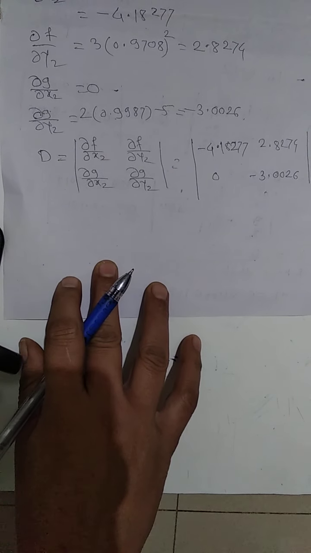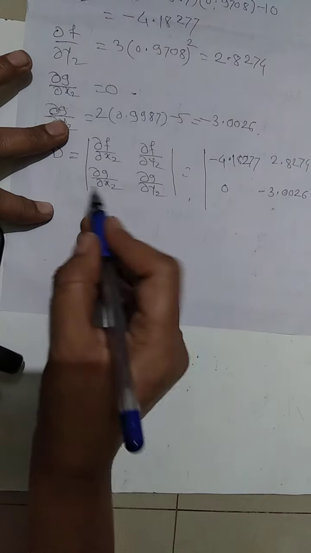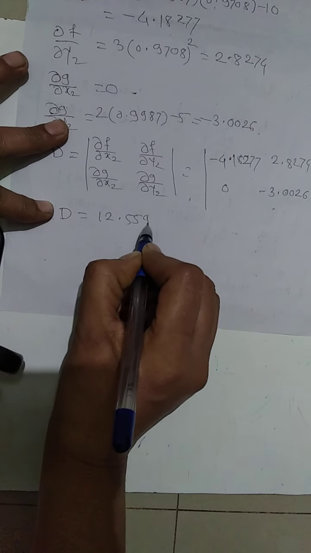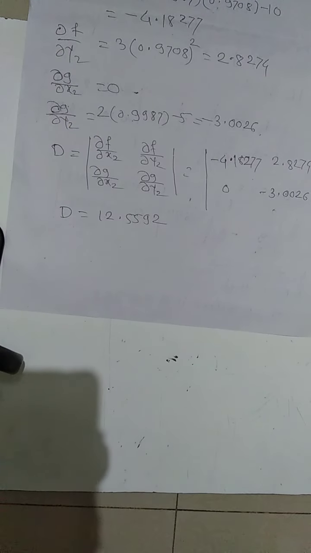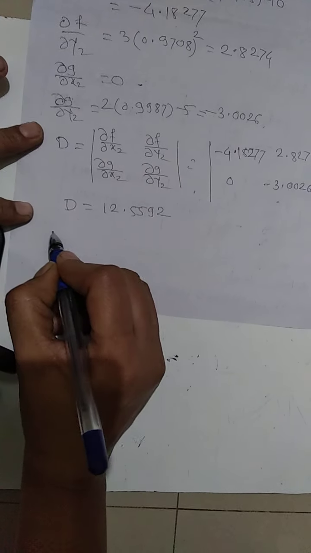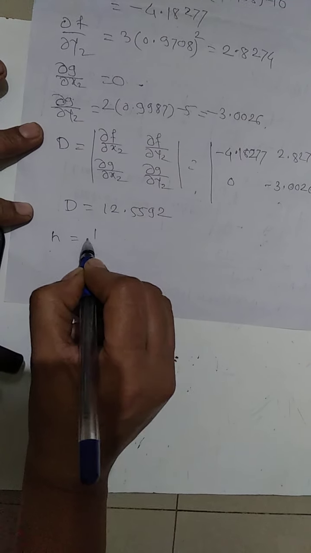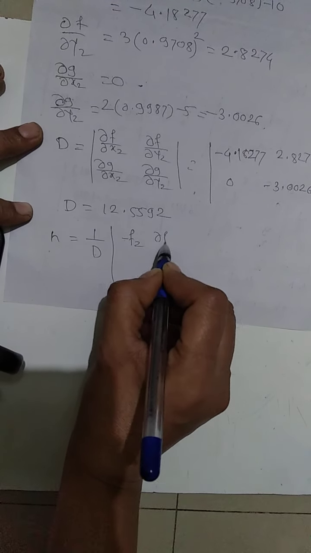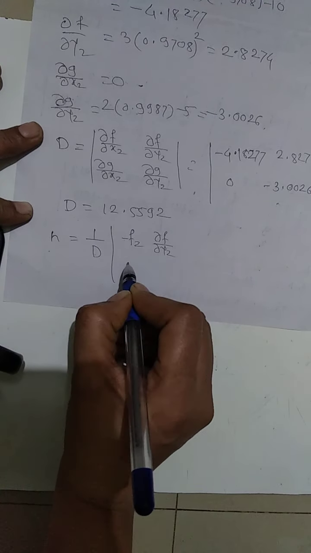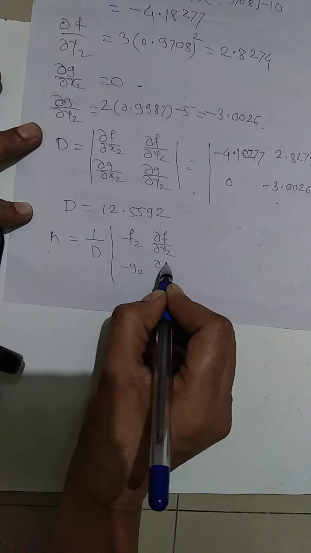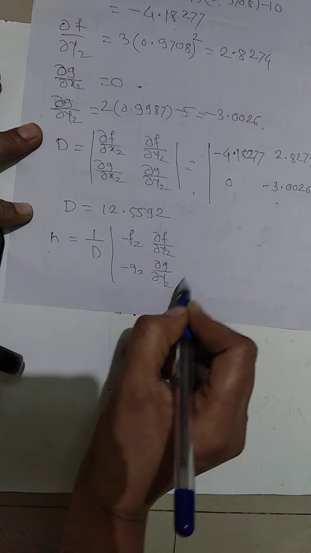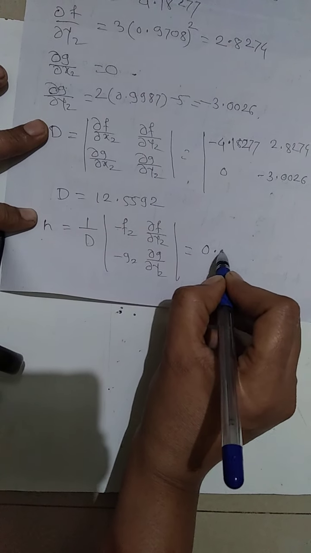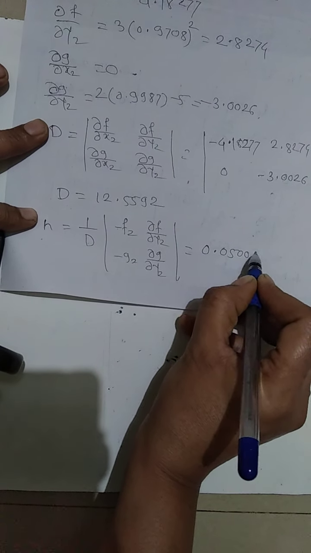After calculating, the value of D is 12.5592. Then find H. H is equal to 1 upon D into minus F2 del F upon del Y2 minus G2 del G upon del Y2. Putting this value, and answer is 0.05005.